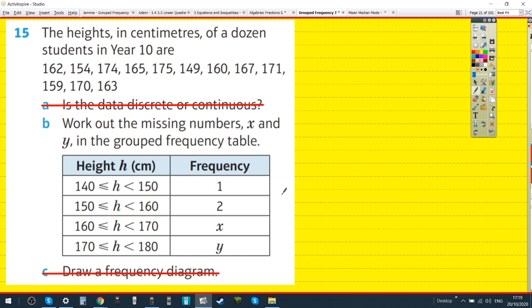We got limiting numbers X and Y in the group frequency table. So X is 160, 170.